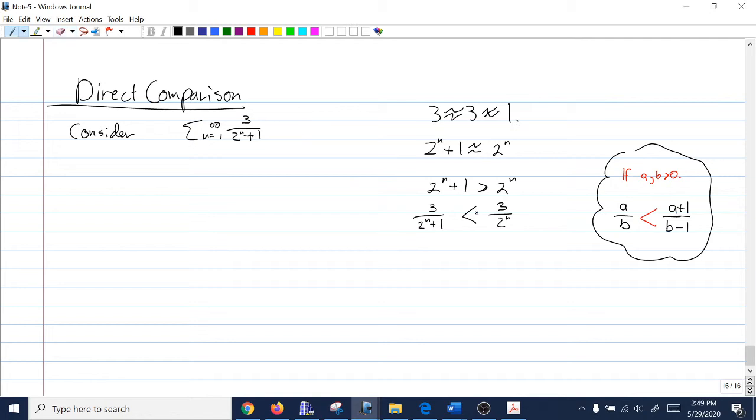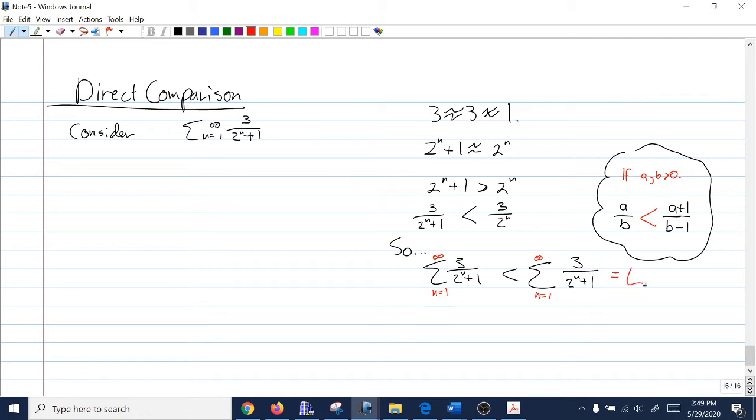So this term is bigger than this term. I want to be able to conclude from that that a sum of 3 over 2 to the n plus 1 should be smaller than a sum of 3 over 2 to the n. The thing I'd really like to say is that this is true for the infinite sum. And that will turn out to be true, but at least once I should go through the details of doing this the correct way.